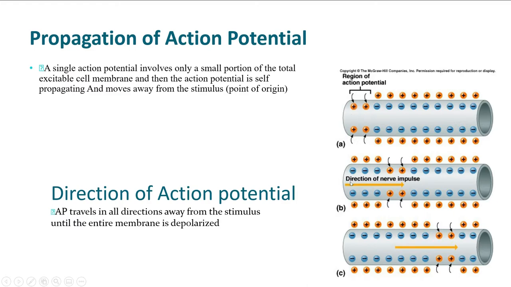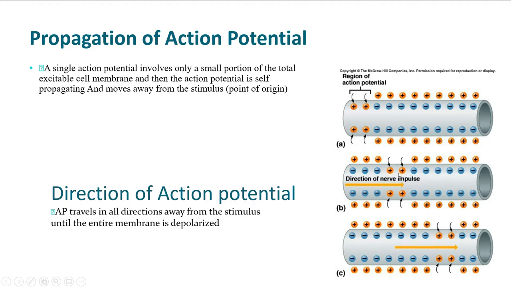For example, in this picture you see only a small portion where the action potential is generated. Now in picture B, this positivity which depolarizes the nerve fiber will travel along the whole length of the nerve fiber, and this movement is known as propagation of action potential. Consider that the action potential is produced at the center of the nerve cell where we have provided the stimulus.